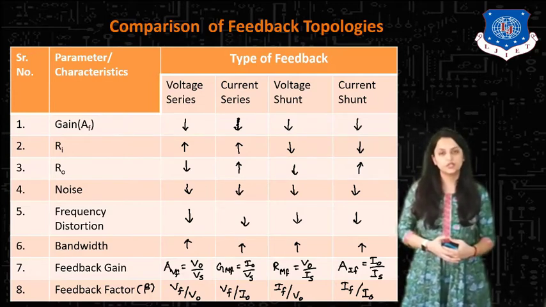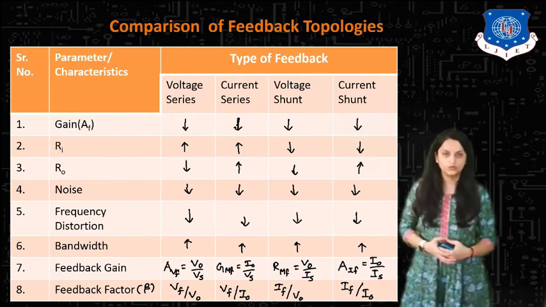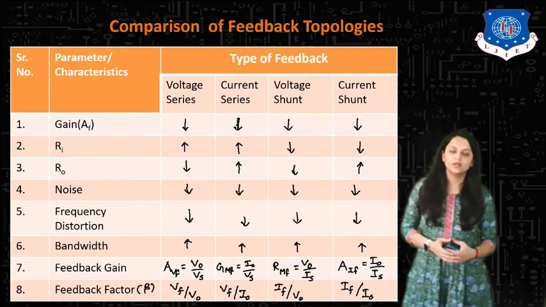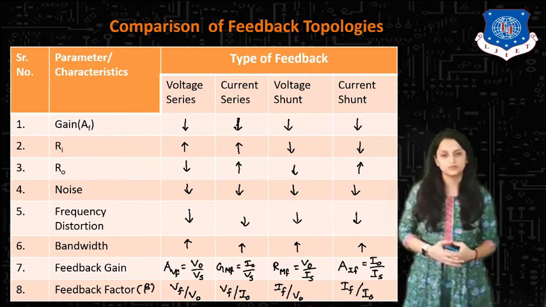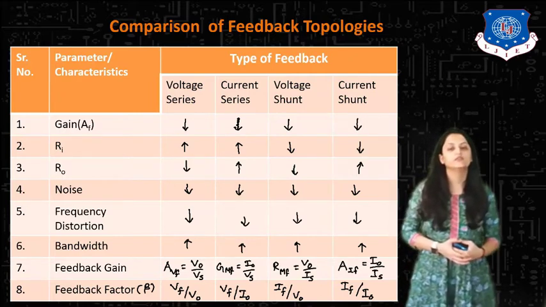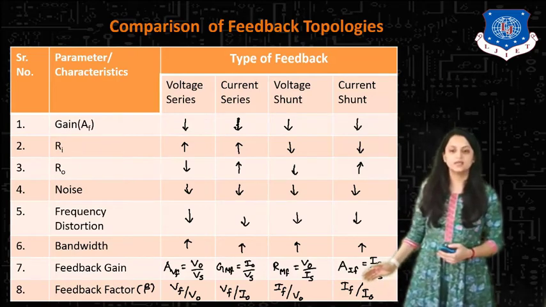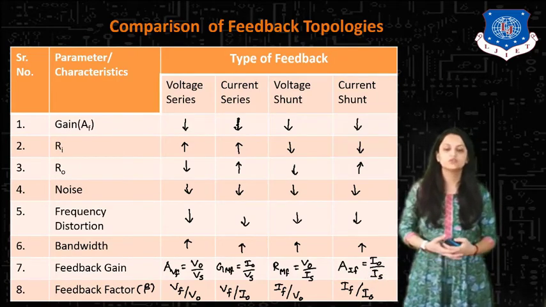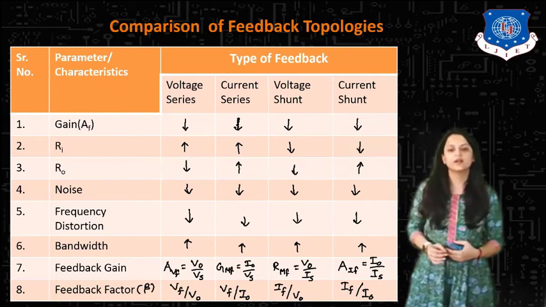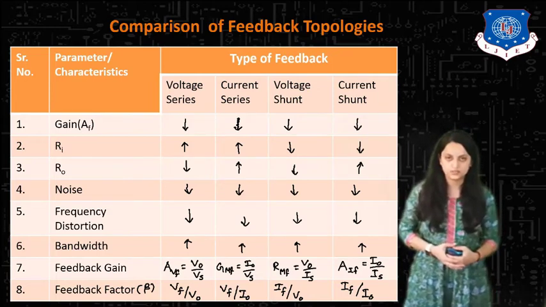For voltage shunt, feedback factor is given as IF by VO, where IF is the feedback current and VO is the output voltage. And for current shunt, it is the ratio of currents IF by IO. Okay, so these are the formulas for feedback factor for 4 of these topologies.